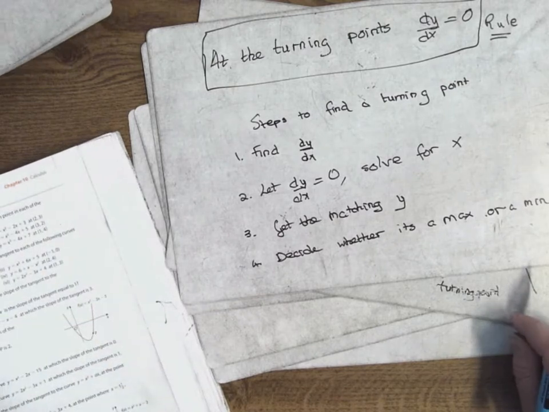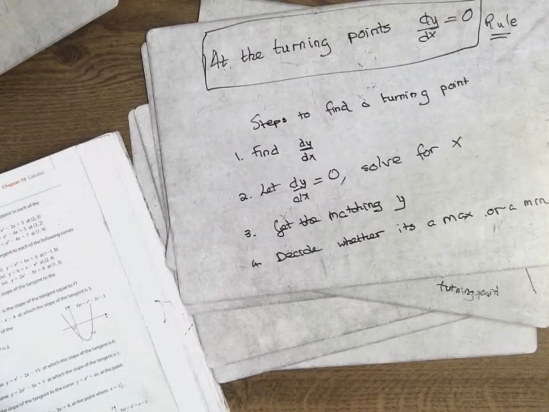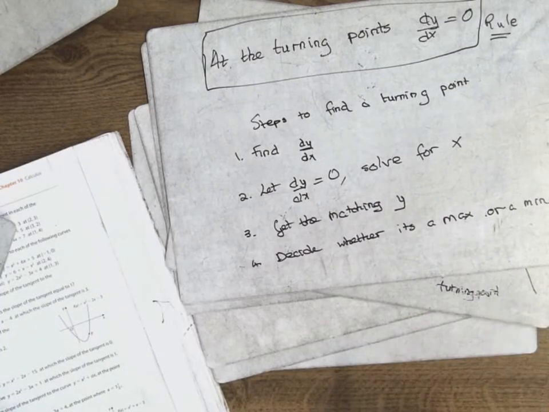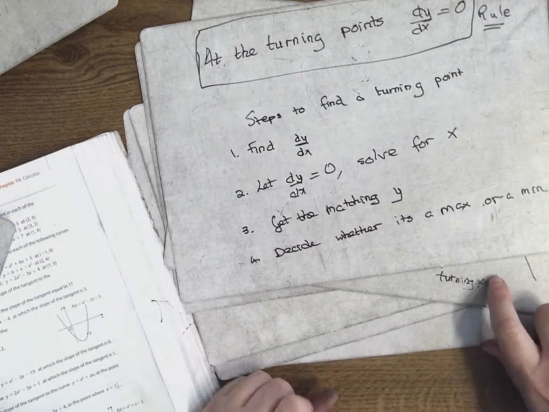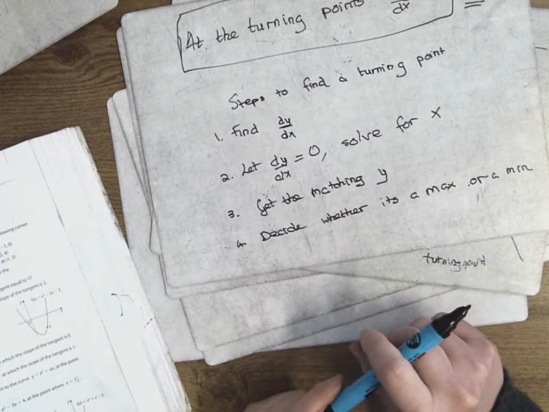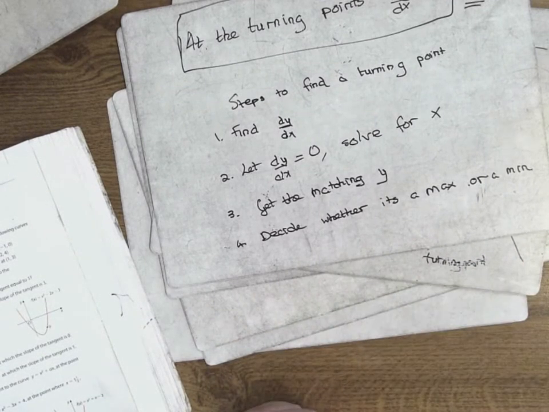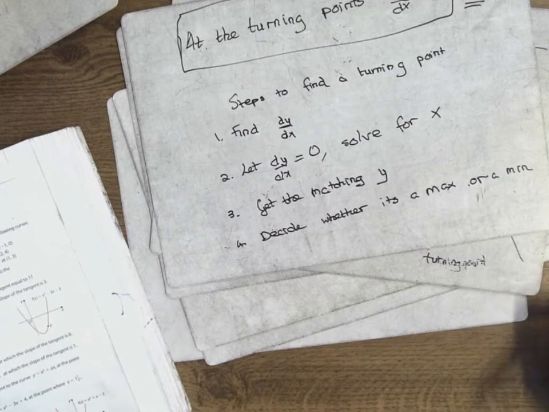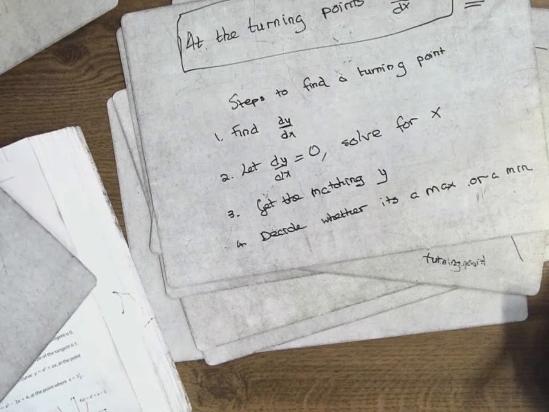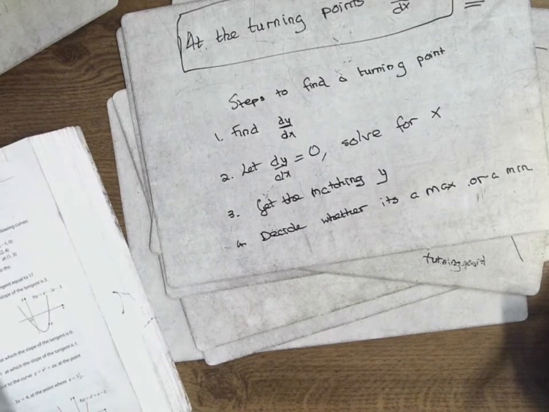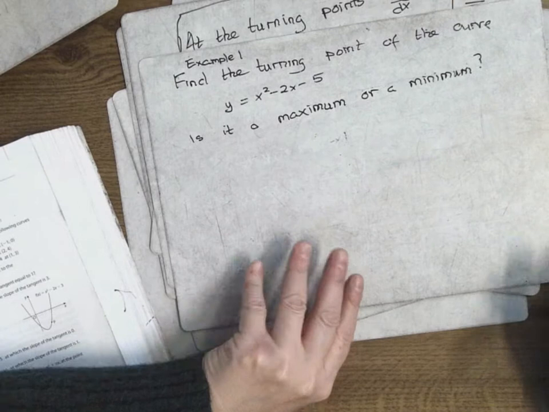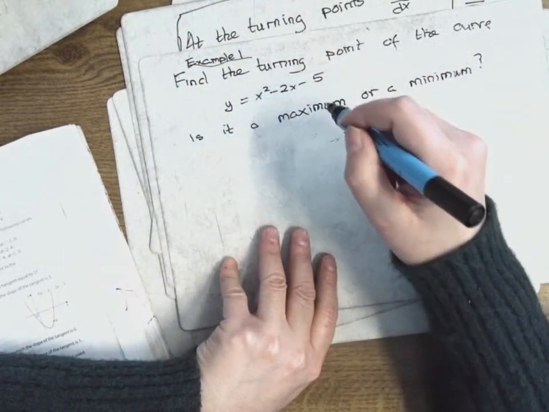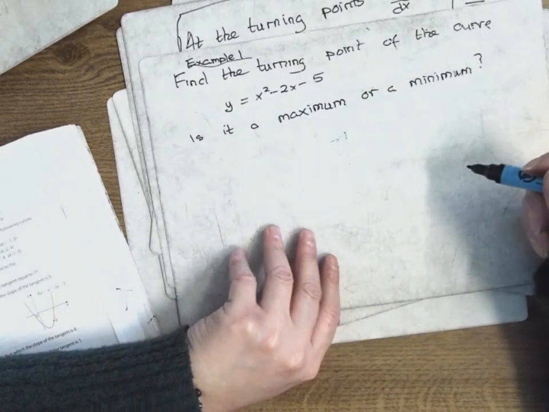Okay, example 1. Find the turning point of the curve y equals x squared minus 2x minus 5, and then decide whether it's a max or a min.